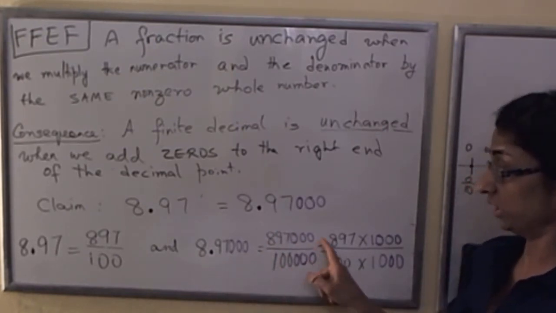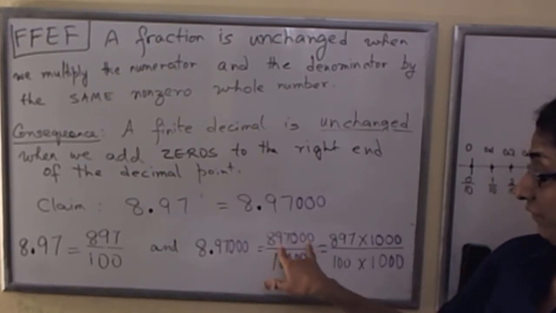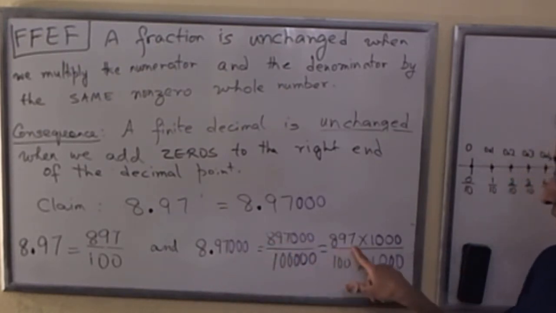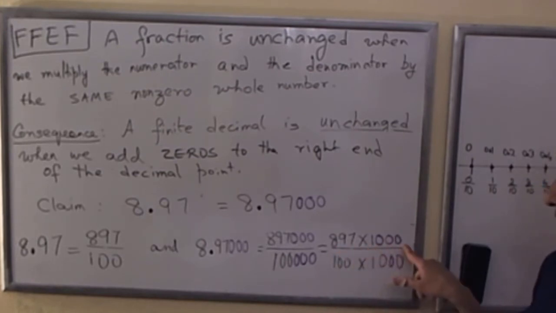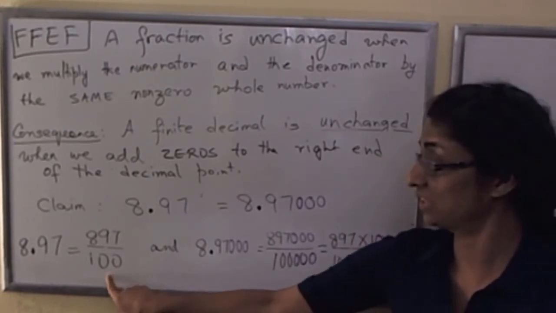Or you can also start out here, write this decimal fraction, and then factor the numerator and denominator like this, 897 times 1,000, and the denominator is now 100 times 1,000, and you can use the cancellation law for fractions and cancel out the common factor of 1,000, and then you will see that this decimal fraction is in fact the same as this decimal fraction.